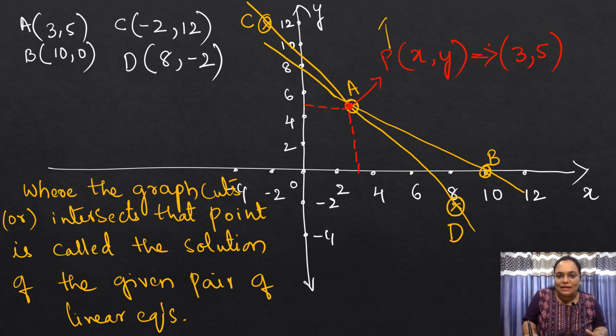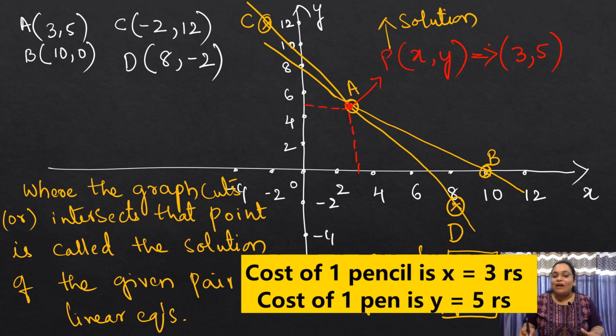So this will be the solution. So the cost of one pencil is 3 rupees and the cost of one pen is 5 rupees.